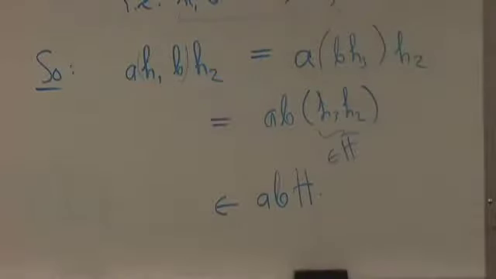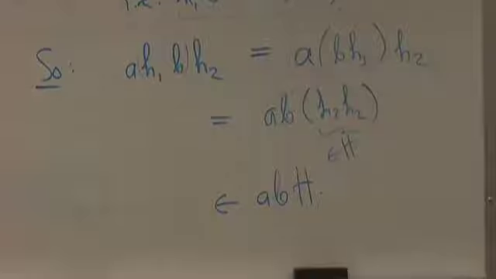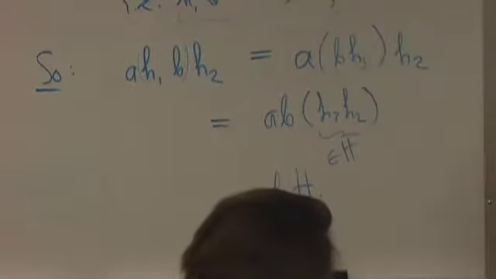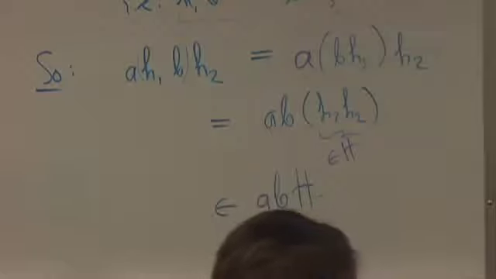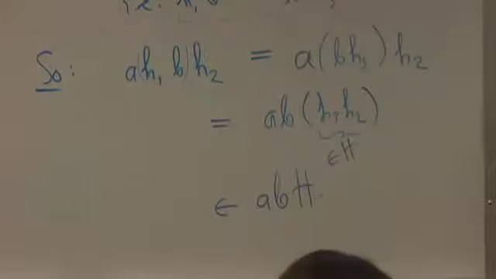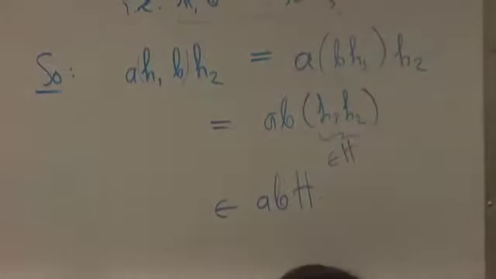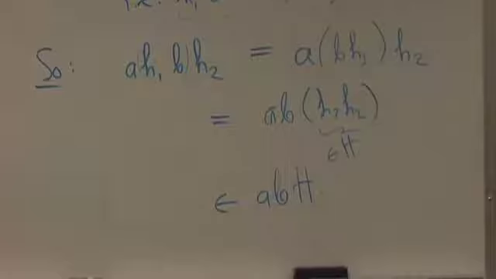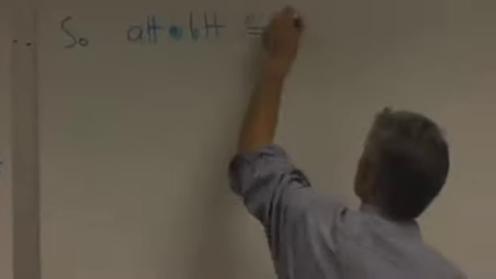And so what we've just shown is that if the subgroup is normal and you do the set product with two left cosets, then necessarily the result lives inside the left coset ABH. So we can conclude that one direction is true: AH, set product with BH, is contained in ABH.